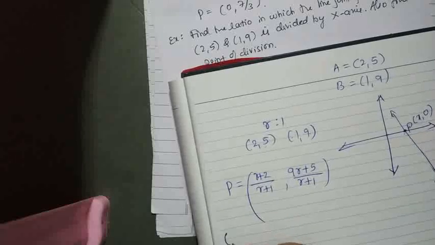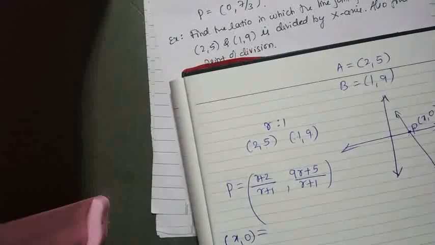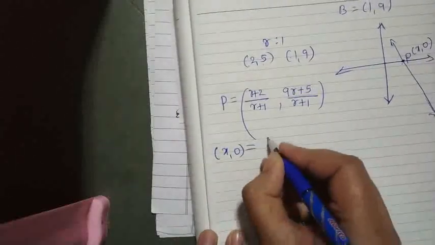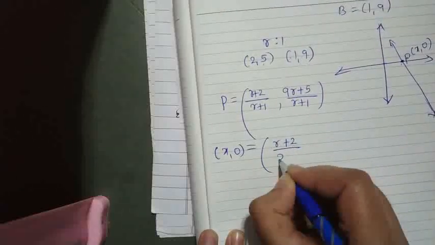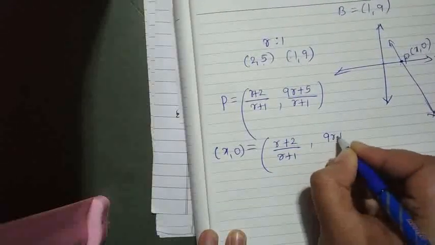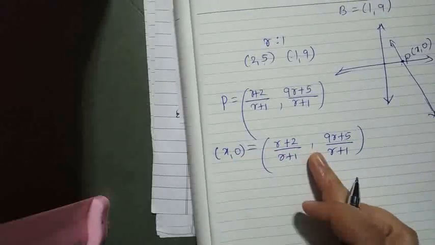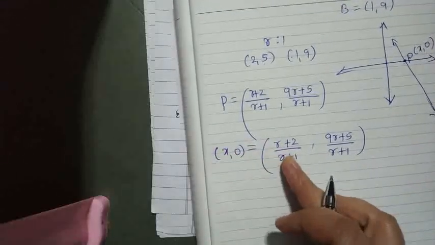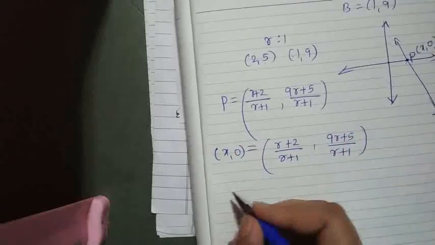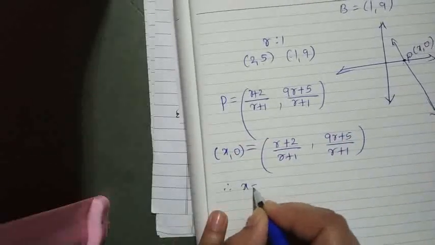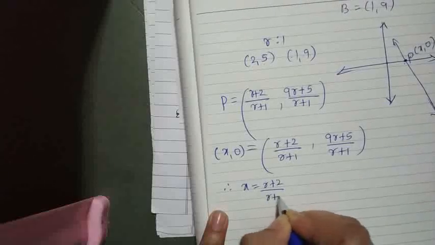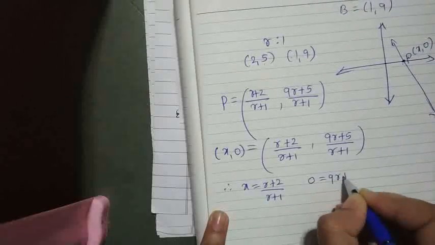So the coordinate of P is x, 0. Two coordinates are equal only when the x coordinate is equal to the x coordinate and the y coordinate is equal to the y coordinate. Therefore, x is equal to r plus 2 by r plus 1, and 0 is equal to 9r plus 5 by r plus 1.